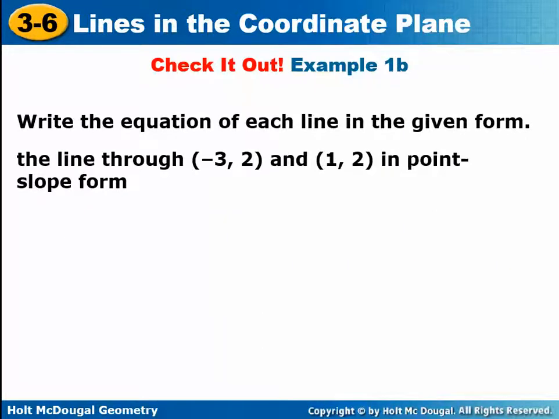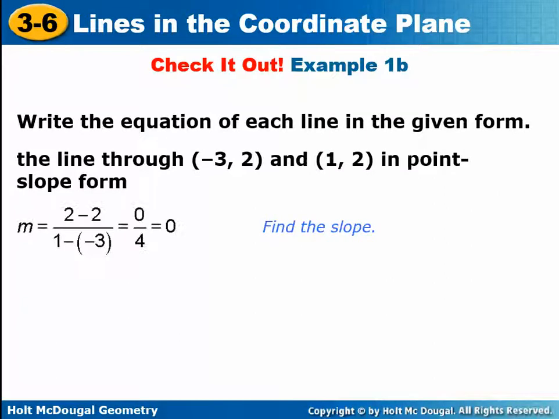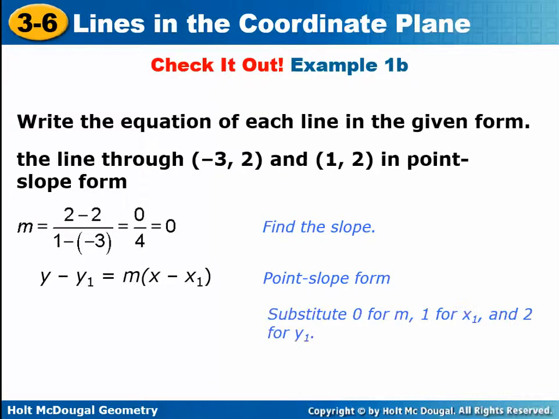Okay, try this one. You'll have to find the slope first. So the slope you should have found to be 0. Well, that's interesting. What kind of lines have a slope of 0? Not vertical, those are undefined. Horizontal lines do. If you plug 0 in, you can go through all this work, but it's more work than you need to do.